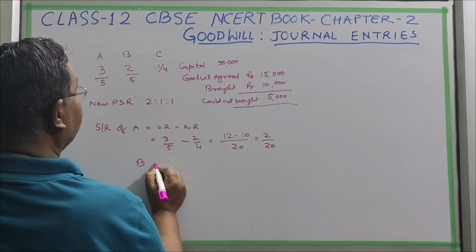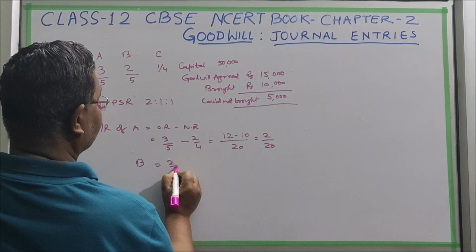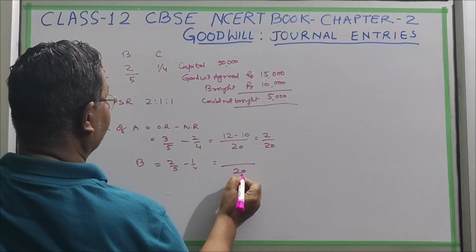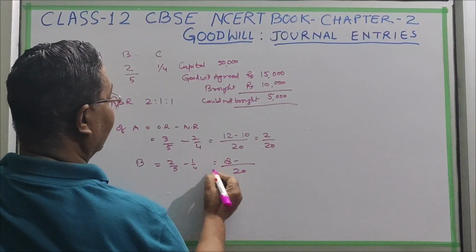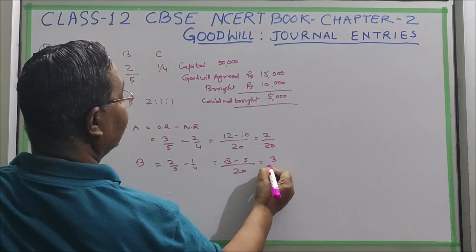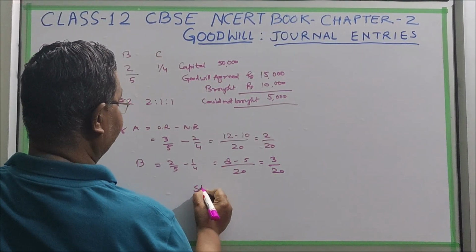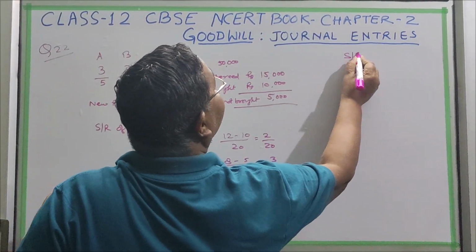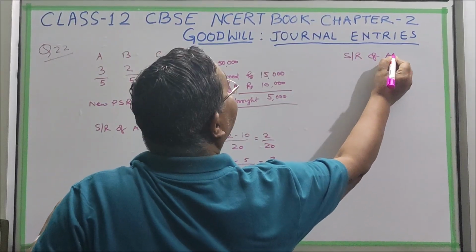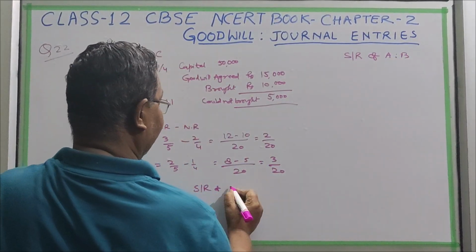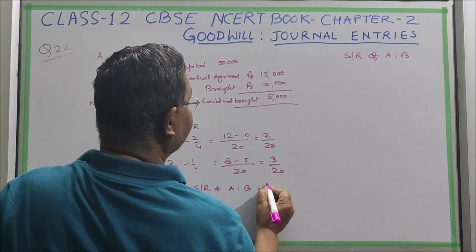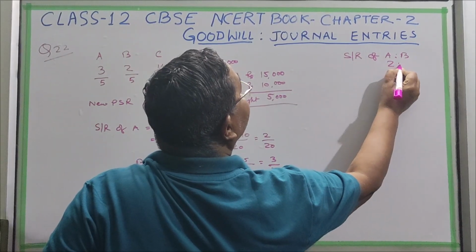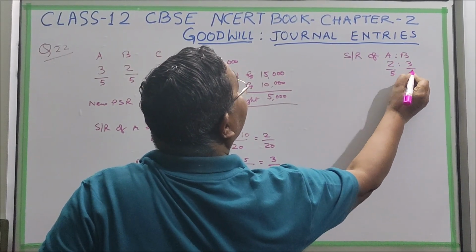And B's share was 2/5 old and new is 1/4, LCM 20, 8 minus 5, so this is 3/20. Their sacrifice ratio A is to B will be 2:3. This 20 we don't take. 2:3 means 2/5 and 3/5.